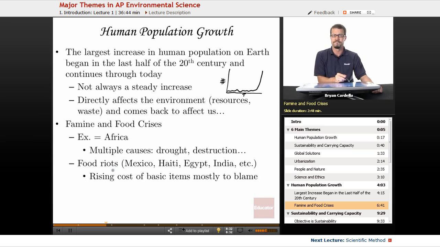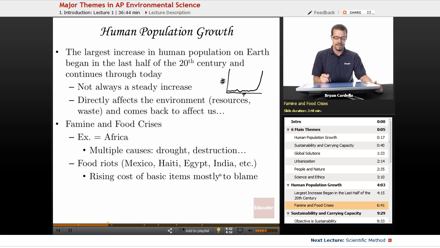There were food riots in 2007 and 2008 in Mexico, Haiti, Egypt, India, and other countries. There was violence based on food shortage. And it's not something that's simple. It does have a lot of contributing factors. One of them is the rising cost of basic items.